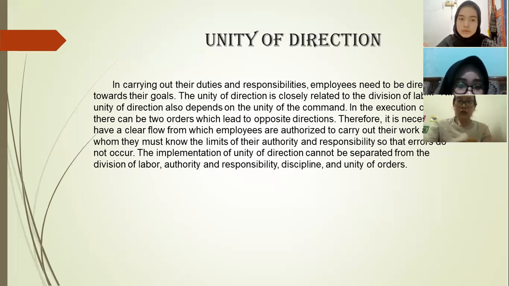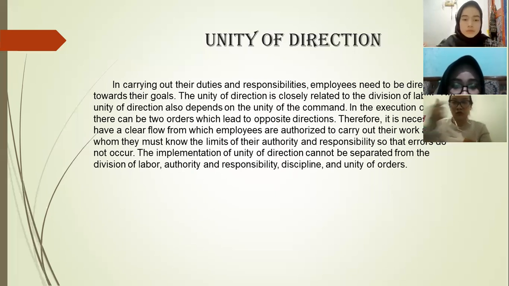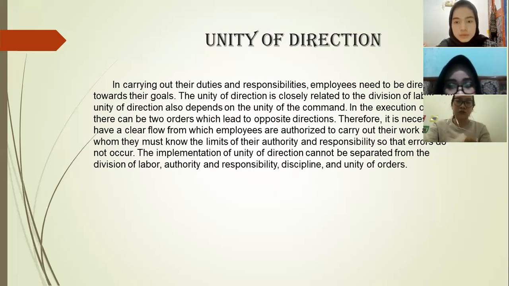The implementation of unity of direction cannot be separated from the division of labor, authority and responsibility, discipline, and unity of orders.